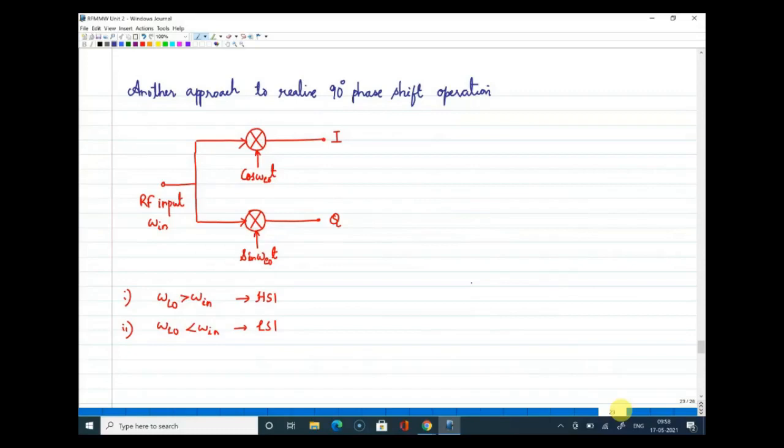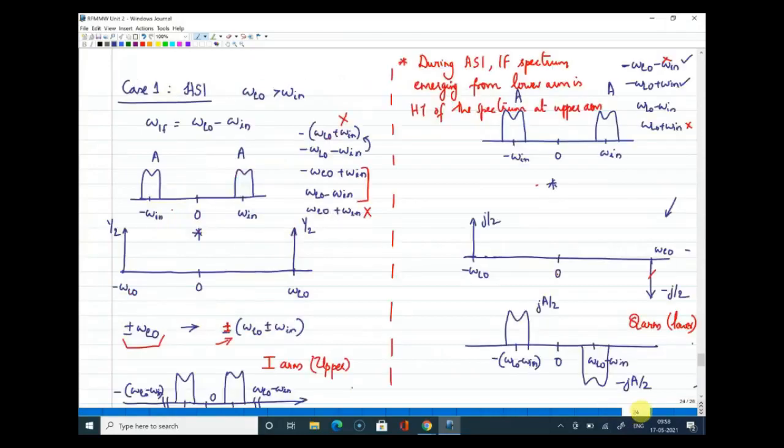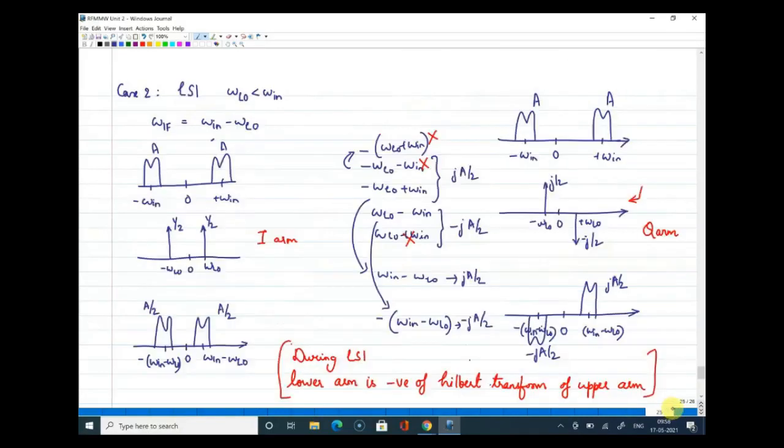We understood how high side injection and low side injection have an effect on the in phase and quadrature arm, and we concluded that the intermediate frequency spectrum emerging at the lower arm will be the Hilbert transform of the upper arm if you go for high side injection, and the negative of the Hilbert transform of the upper arm if you go for low side injection.